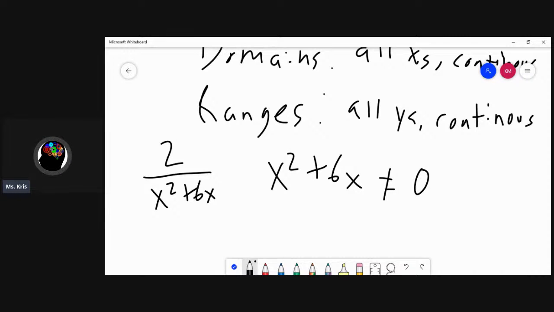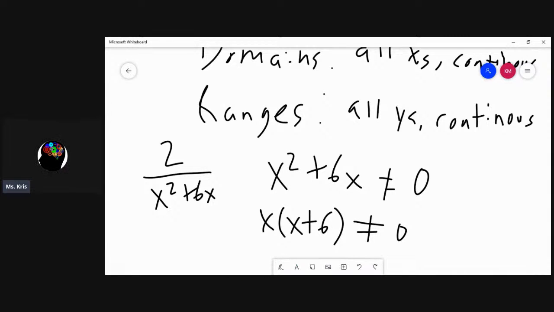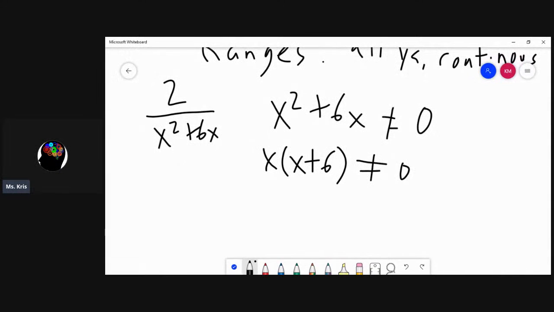So to solve this, I would first factor out an x. Of course, when I factor out an x, factoring x out of x squared gives me x. And of course, factoring x out of 6x gives me 6, and they cannot equal 0. Now, because these are multiplied to each other, I can separate these from each other.